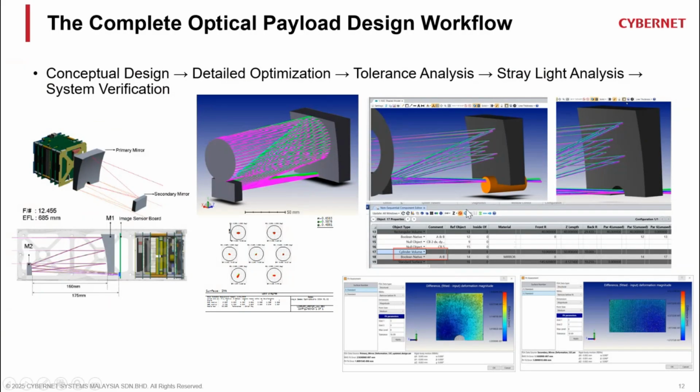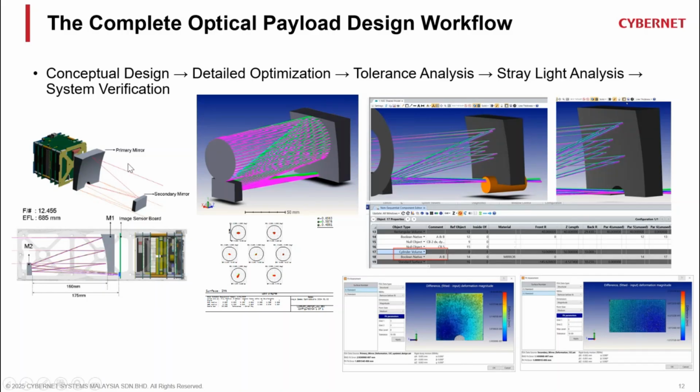Okay. So next one, we will come to the workflow for the title today, which is the optical payload design for this satellite. I will take an example to design the CubeSat. This CubeSat we will design from the conceptual design, which is the photo here.